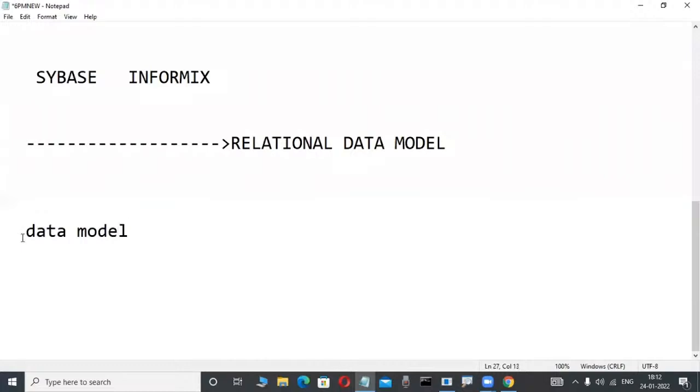Slowly observe it here. Anybody who attended the previous class, I am telling one thing. Suppose Oracle is a product. This Oracle database, or any relational database, has two types of structures, as I told in the previous classes.